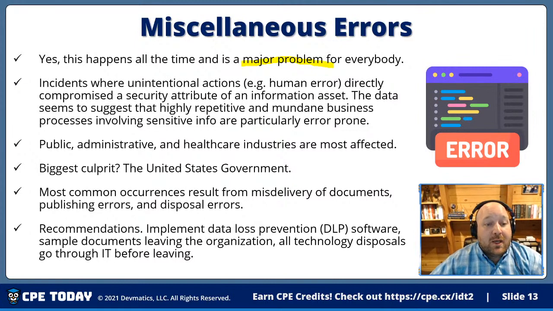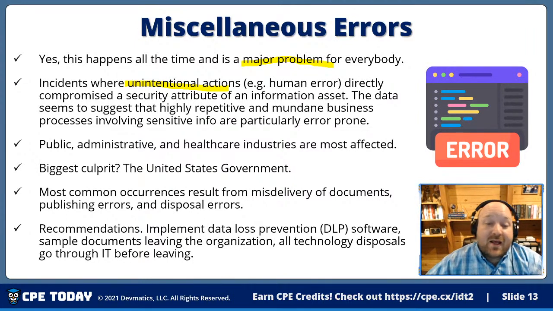Errors occur, and these could be unintentional human errors, or they could be due to some sort of process that is so mundane and repetitive that we just kind of zone out and it just occurs. Most of the time, errors are errors. They are what they are. They're just mistakes. But this still happens a lot.